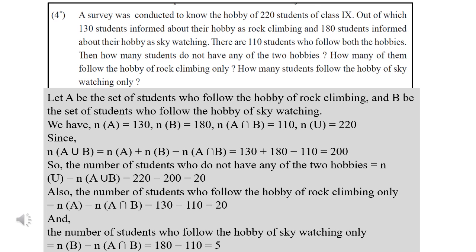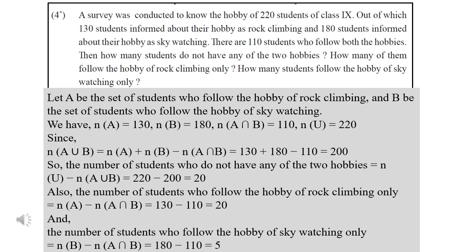Now the number of students who follow only rock climbing as their hobby. Only rock climbing. So n(A) minus n(A intersection B). So 130 minus 110, which gives me 20. So 20 students only follow rock climbing as their hobby. Next one.